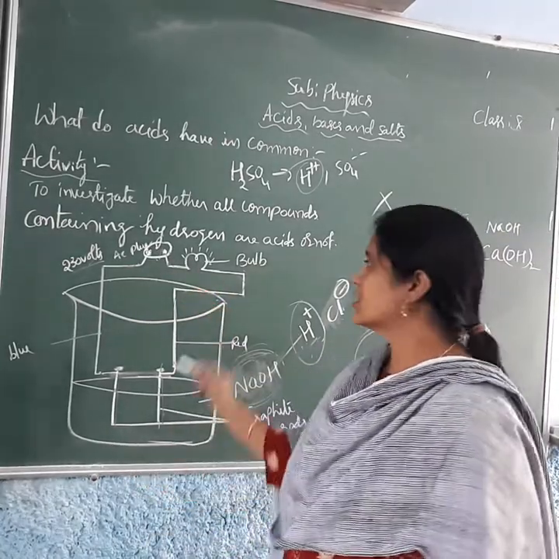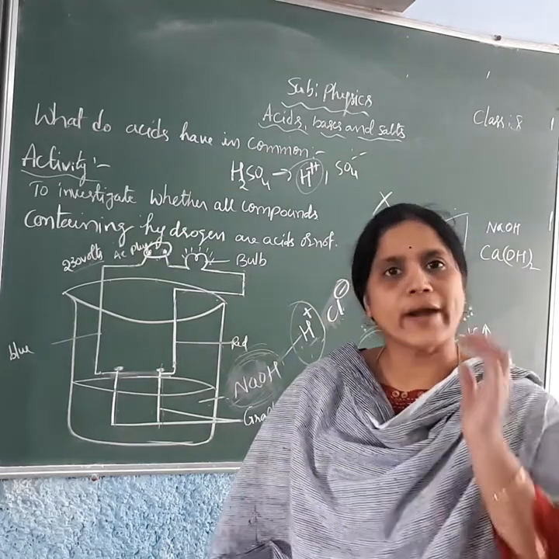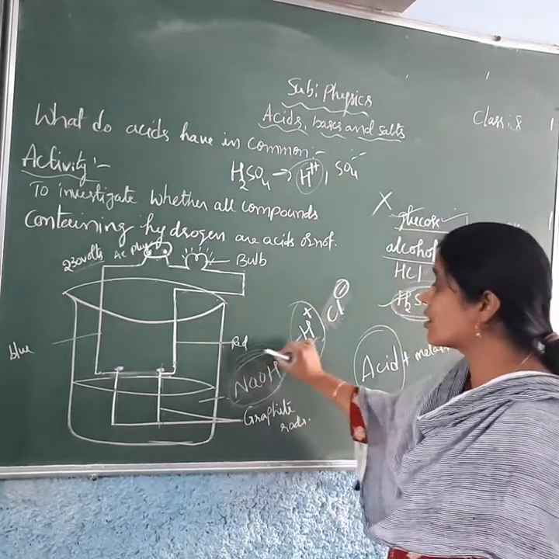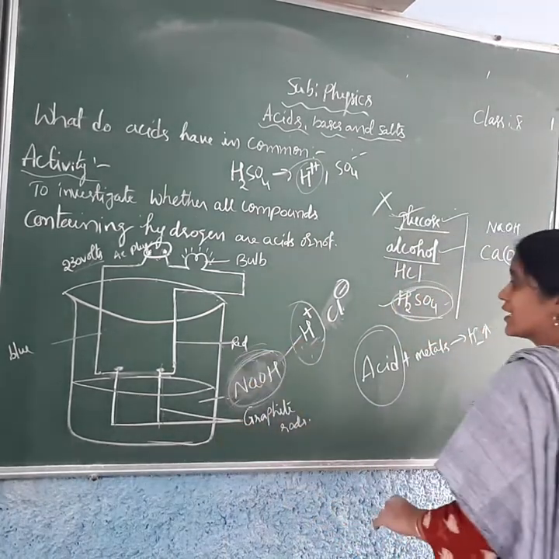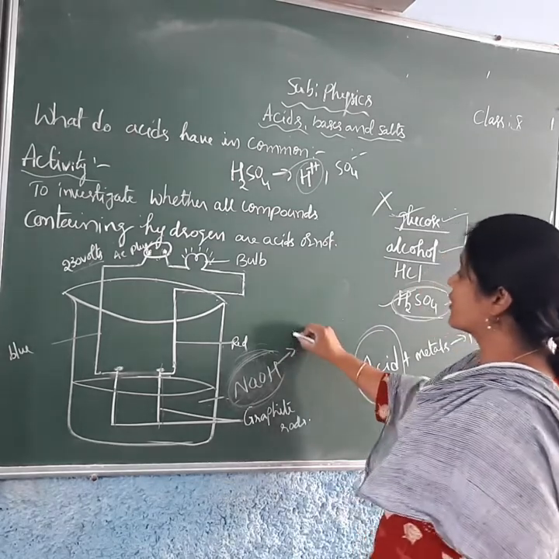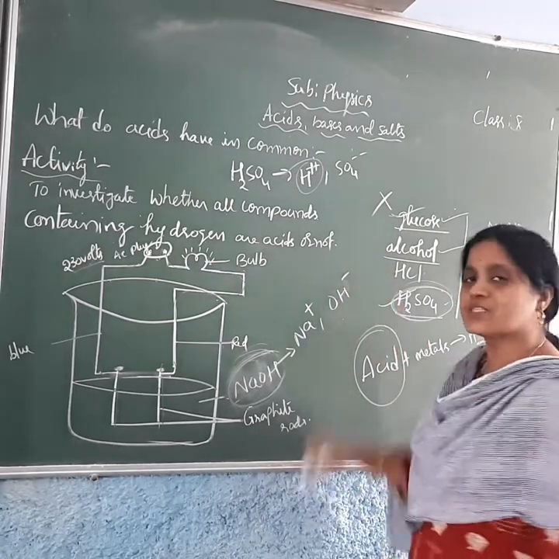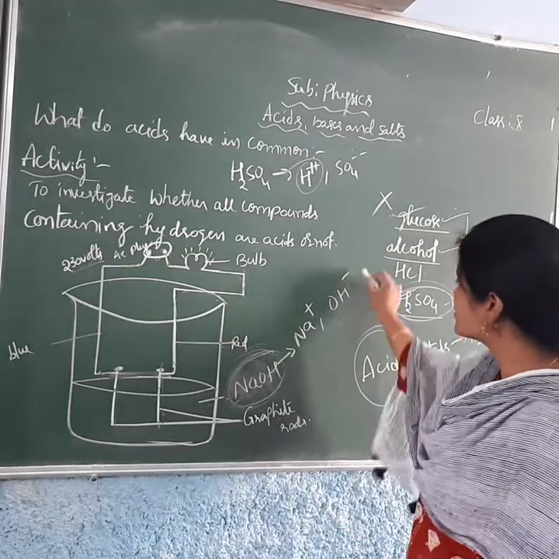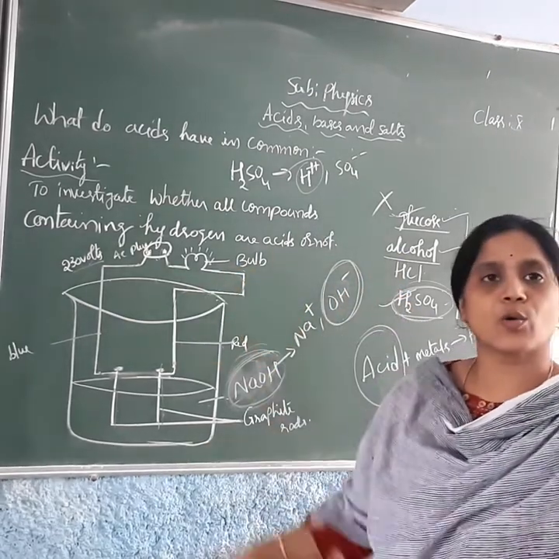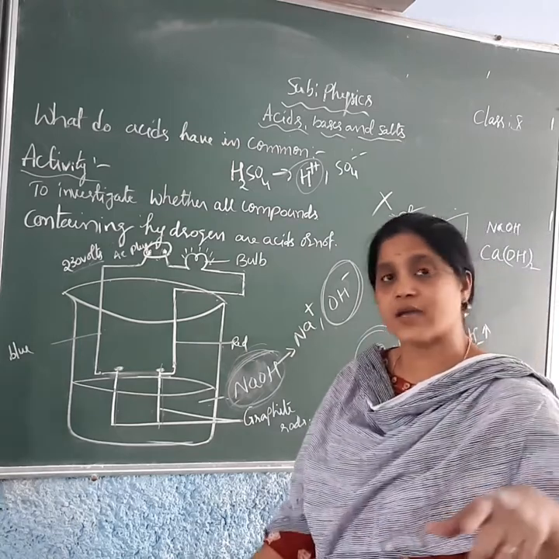When you switch on, check whether the bulb glows or not. The bulb glows. Why does the bulb glow? Because the sodium hydroxide also splits into ions, Na plus and OH minus ions. Because of these OH minus ions, the bulb is glowing. In the earlier case, in acids, the bulb glowed due to the H plus ions.